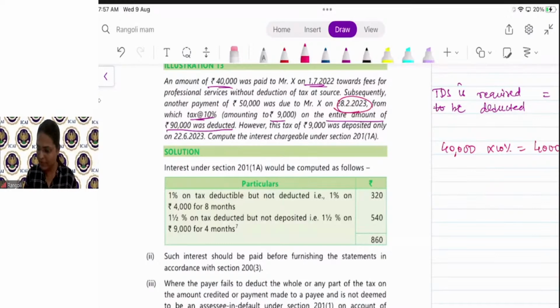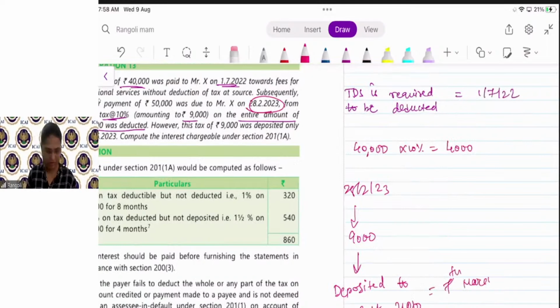So now TDS is deducted on 28th February 23 amounting to rupees 9,000. The same is required to be deposited to the government up to 7th March, right?